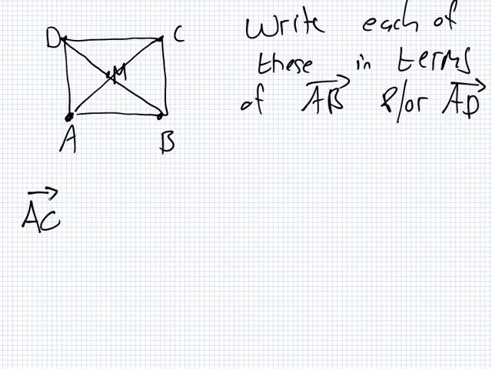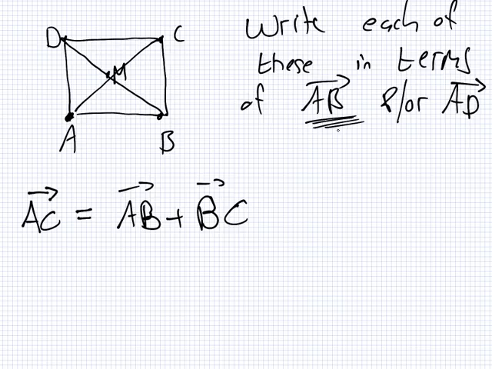So AC, AB plus AD. Yeah, AC will just be AB plus BC. Now, we don't want AB and BC because the question said to use AB and AD. So this vector we are happy with, but this one we're not.